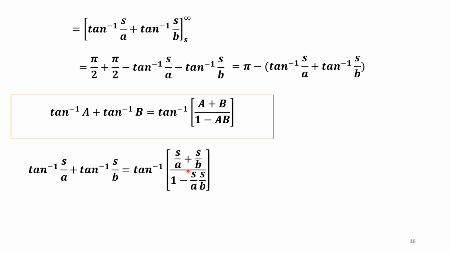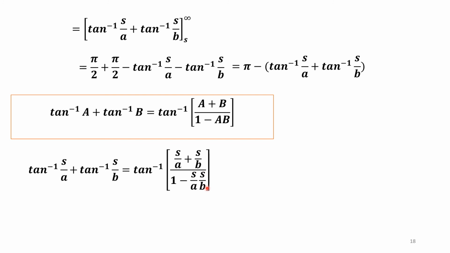So simplifying and substituting in tan inverse of (a plus b) upon (1 minus ab): a plus b will become s by a plus s by b upon 1 minus s by a into s by b. Cross multiplying, the denominator will be ab in the numerator as well as in the denominator. So we will have bs plus as upon ab, and here we will have ab minus s square upon ab.